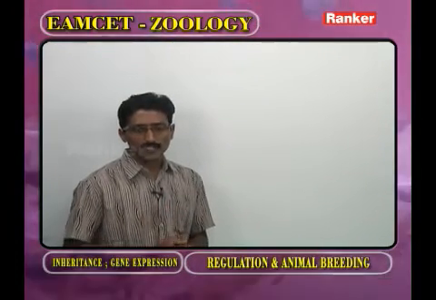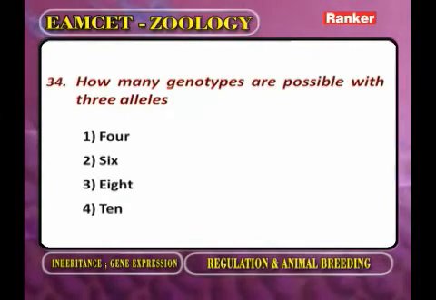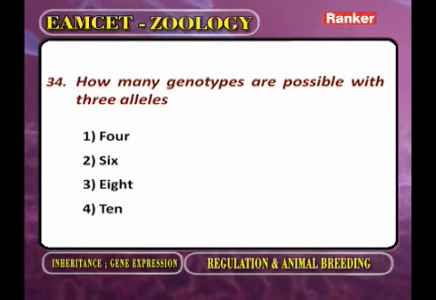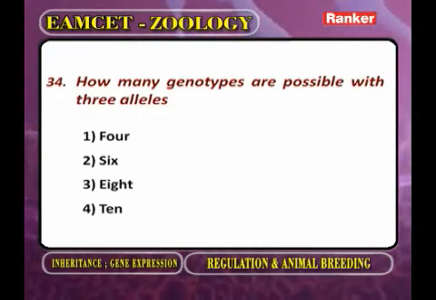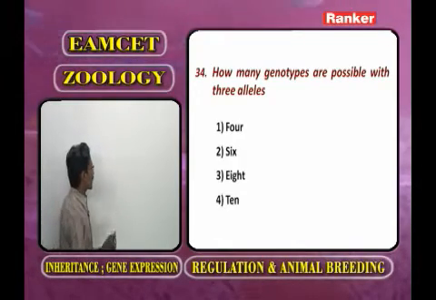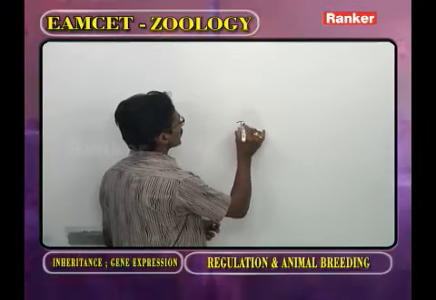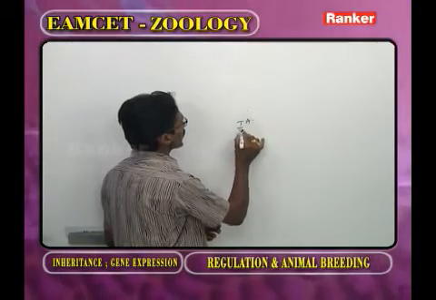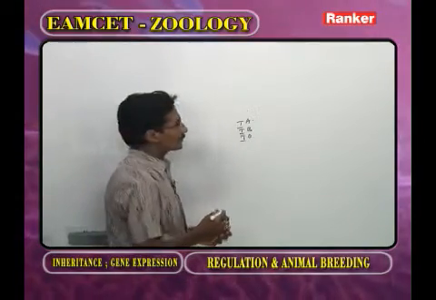First we have to observe the question: how many genotypes are possible with 3 alleles? Regarding the blood groups, according to Bernstein, we call them IA, IB, and IO.